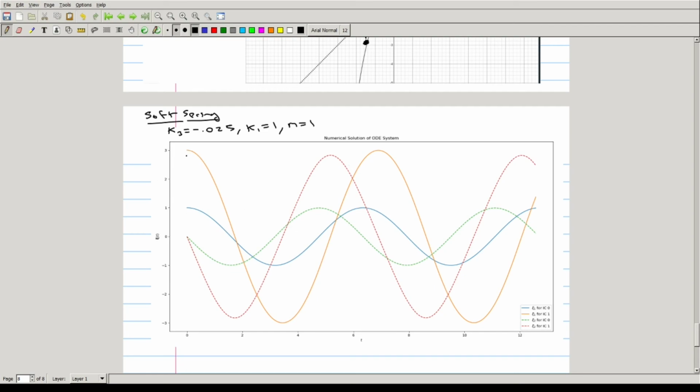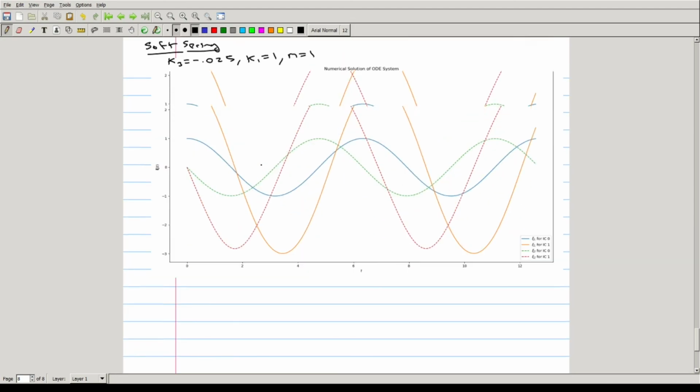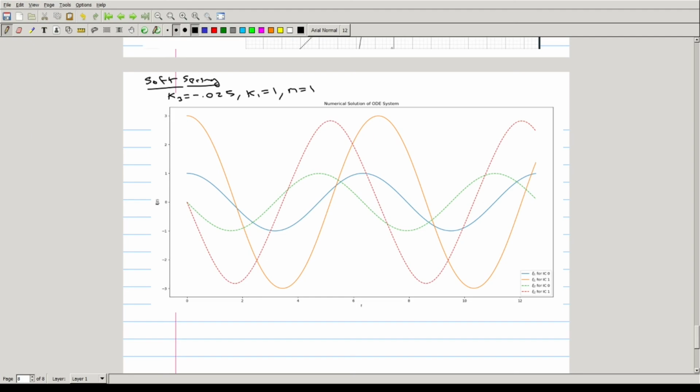And we see some really nice behavior here in terms of the solution. It's not very abnormal, but it is a little bit different for different initial conditions.